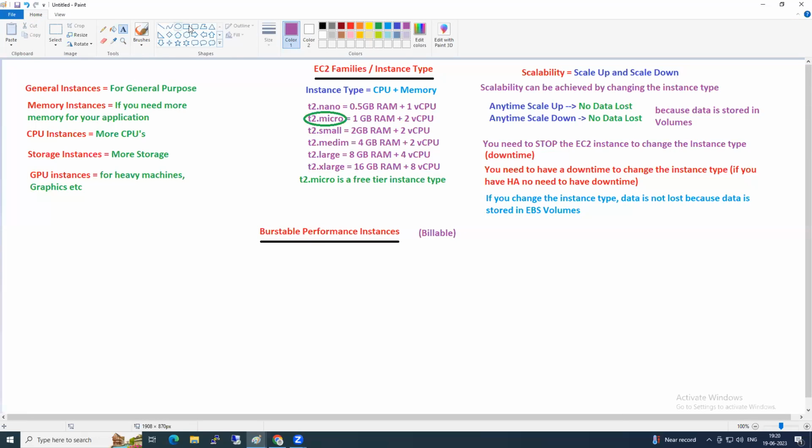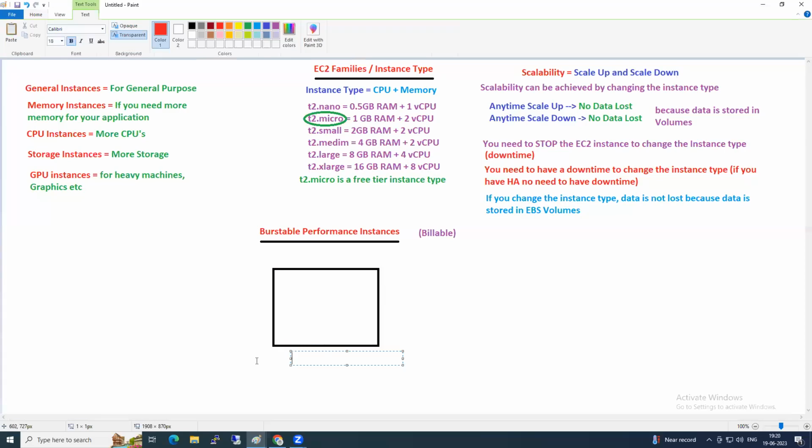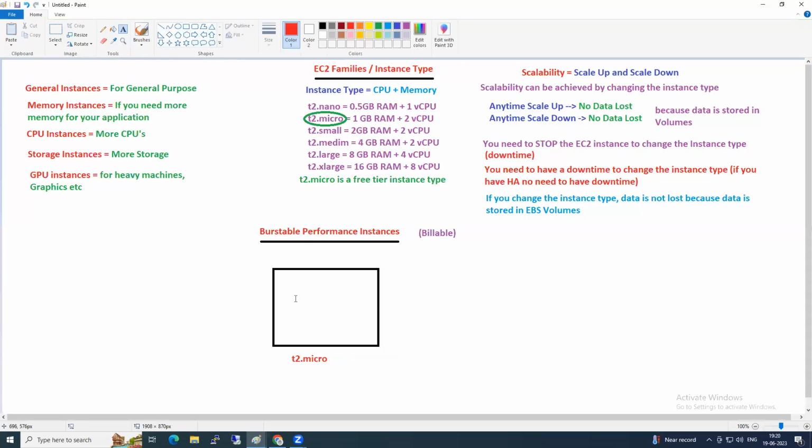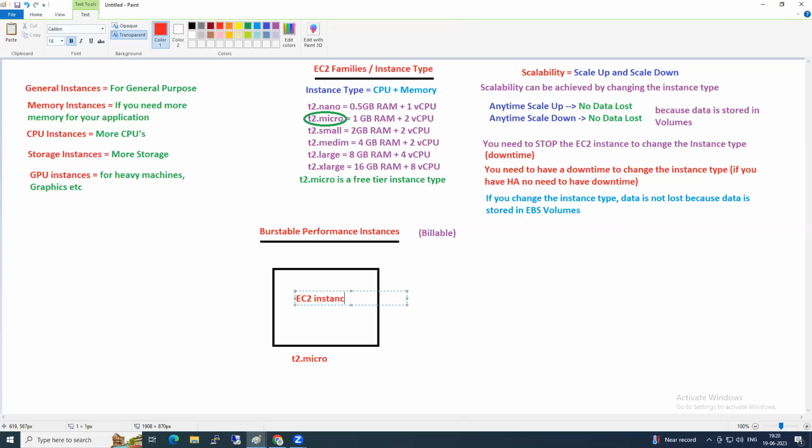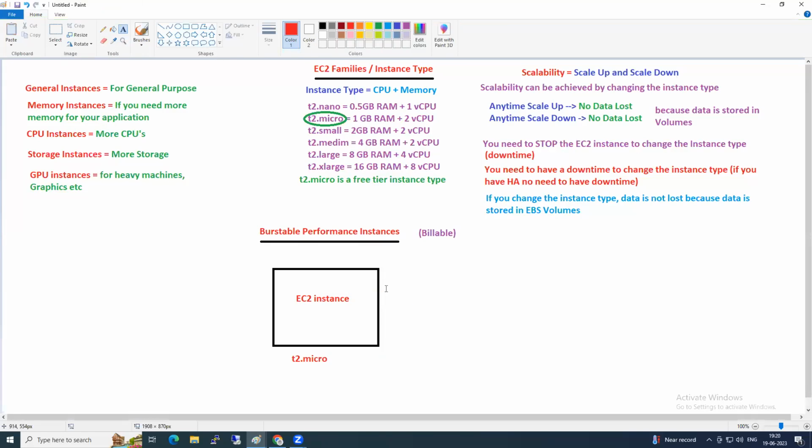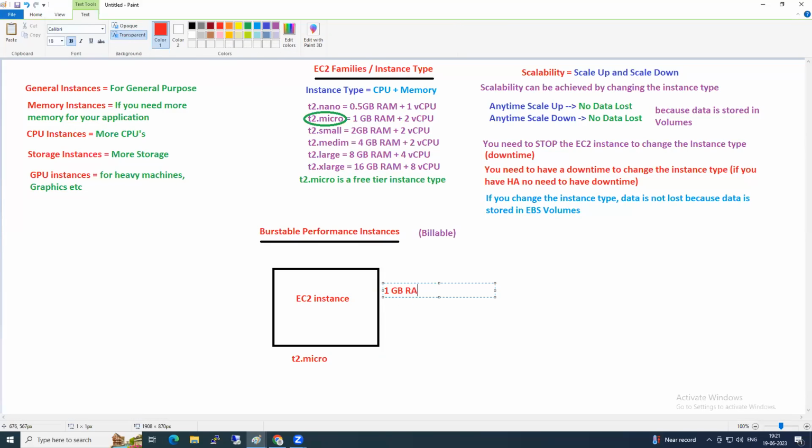I'll give one example. See, a real-time example, guys. Let's say I have launched an EC2 instance, and this EC2 instance is T2 micro. T2 micro means how much RAM do you have? 1 GB RAM, and only one CPU.